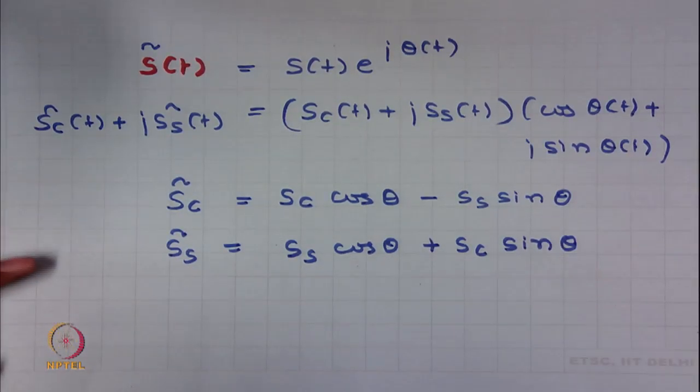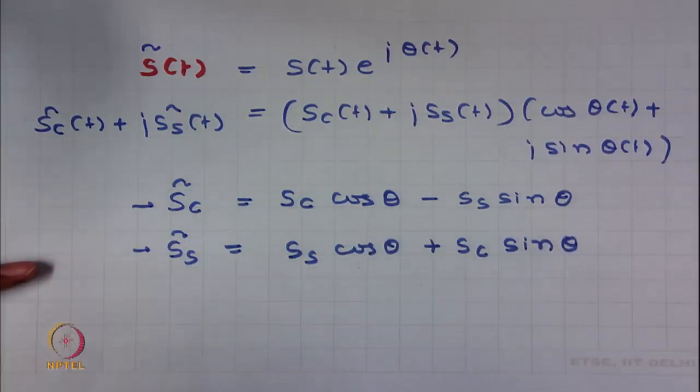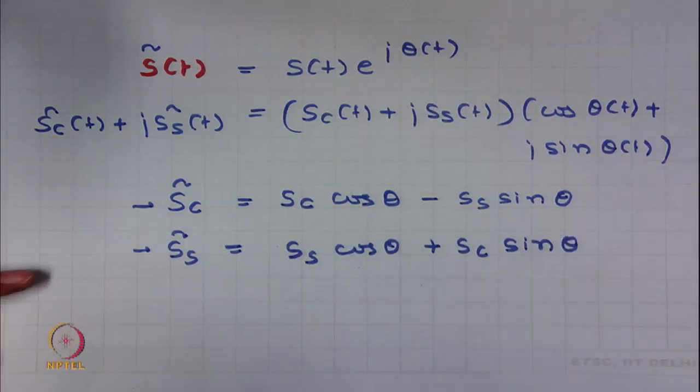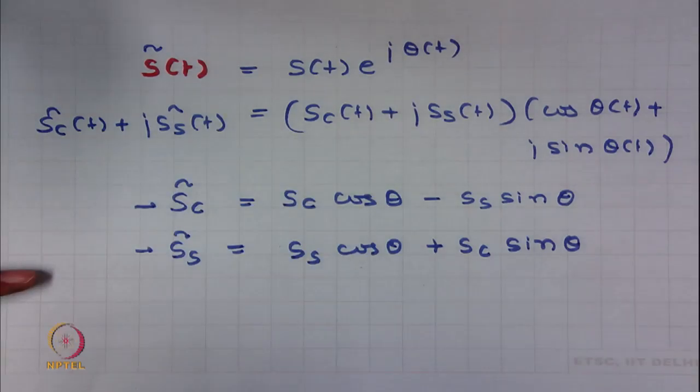So, we end up receiving something different from what was transmitted. We transmitted SC and SS, sine and cosine parts, but we are receiving different sine and cosine parts.